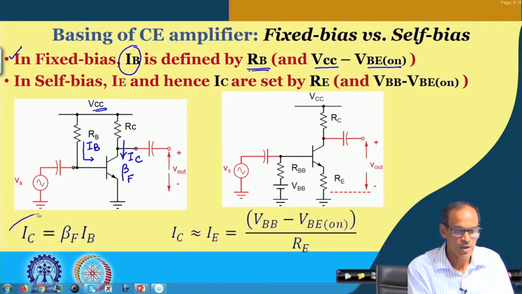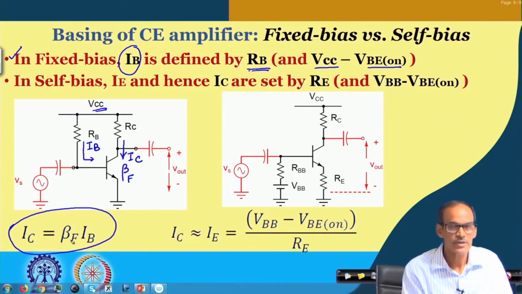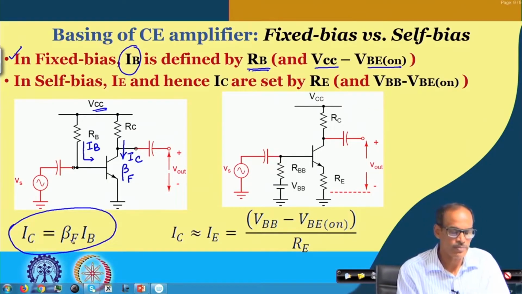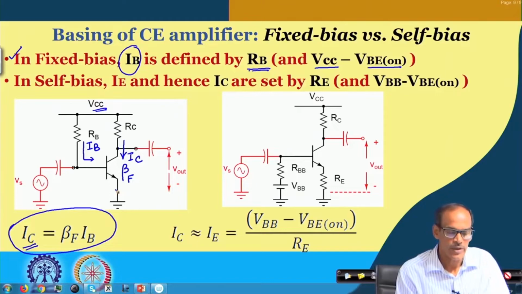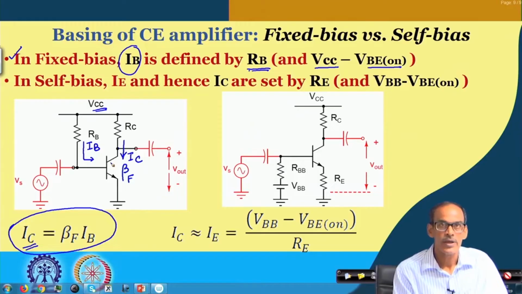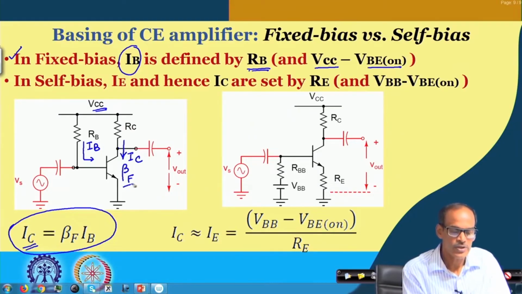Since IC is a direct function of beta F, if the beta of the transistor changes, the collector current is directly affected, and then the drop across the collector resistance changes, so the collector to emitter voltage of the transistor may vary. So, we can say the operating point of the transistor is heavily affected by variation of the beta of the transistor.